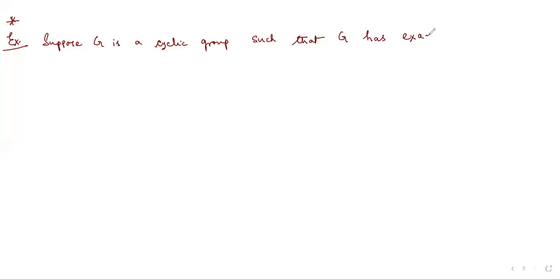Question is, suppose capital G is a cyclic group such that capital G has exactly 3 subgroups, namely capital G, E, these are the trivial subgroups, and a subgroup of order 5.